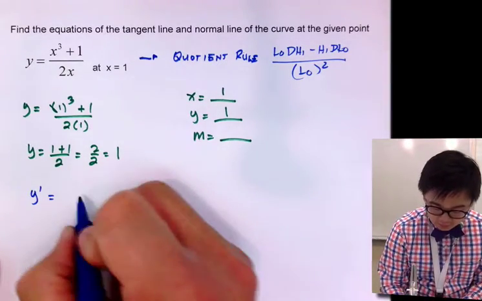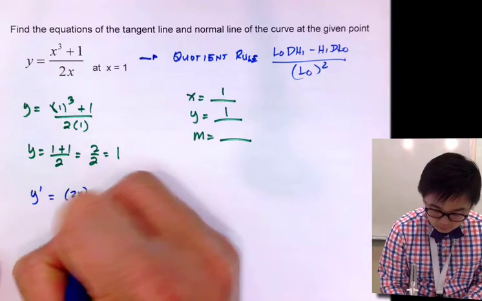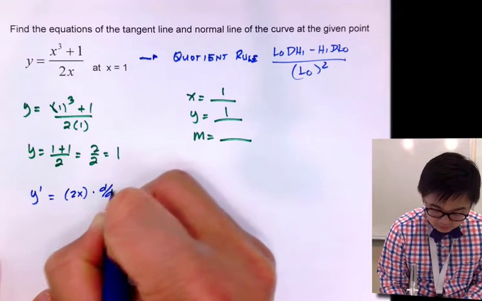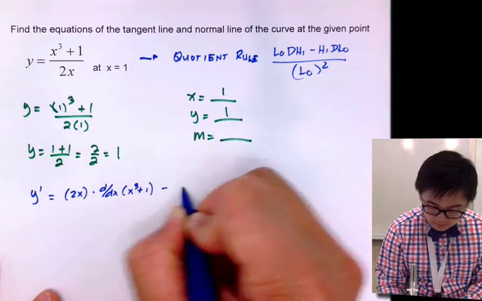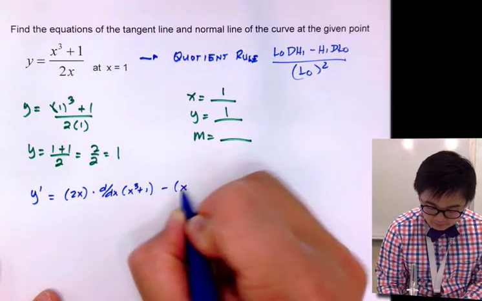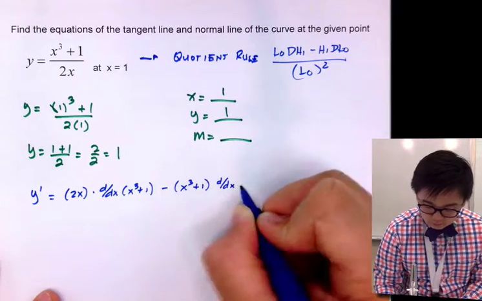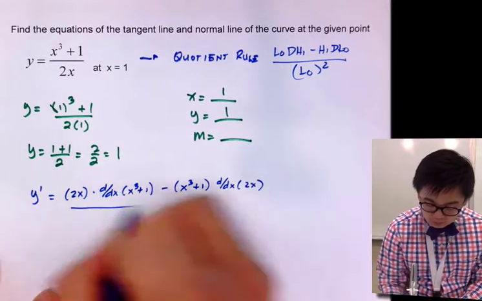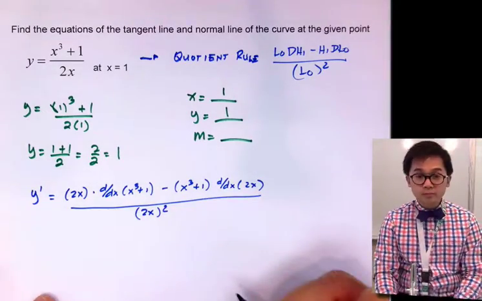So let's go ahead and find the derivative using the quotient rule. So we'll have low, which is 2x, times the derivative of high, which is x cubed plus 1, minus high, times the derivative of low, all over low squared.